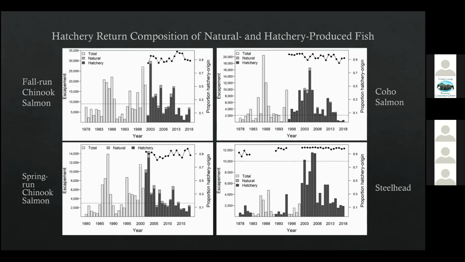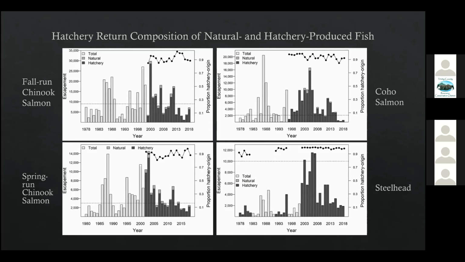Here we're bringing up a time series of fish returning to Trinity River Hatchery from 1978 to 2018. The dashed lines here denote TRRP escapement targets of hatchery origin fish to the hatchery.